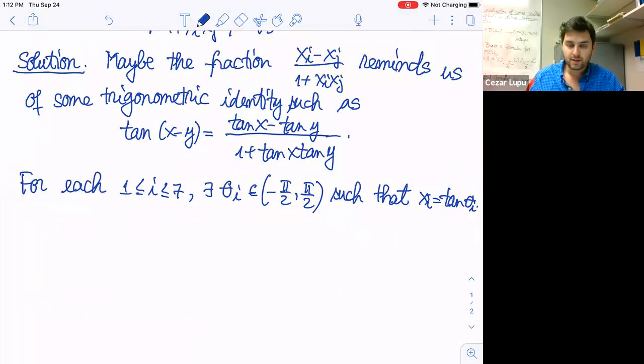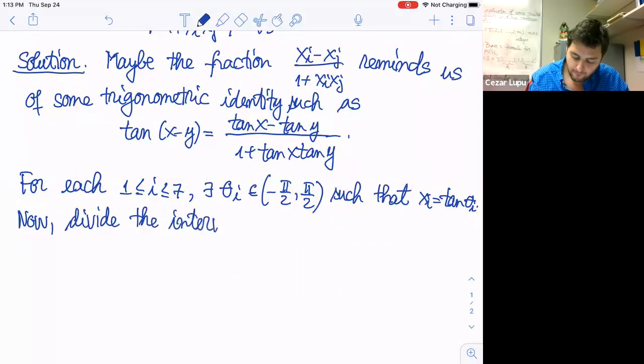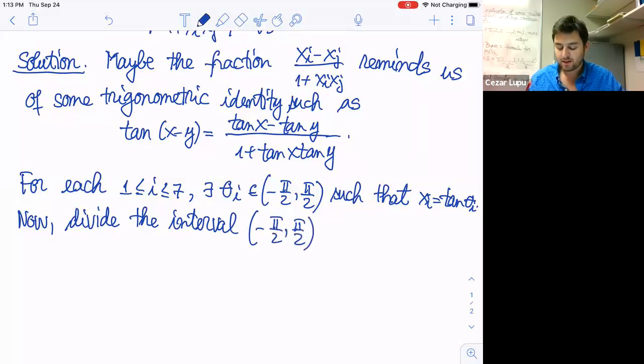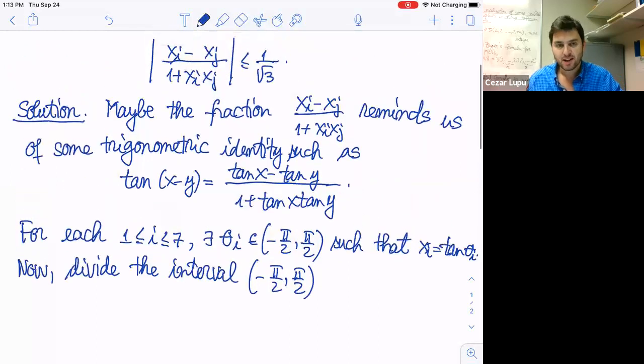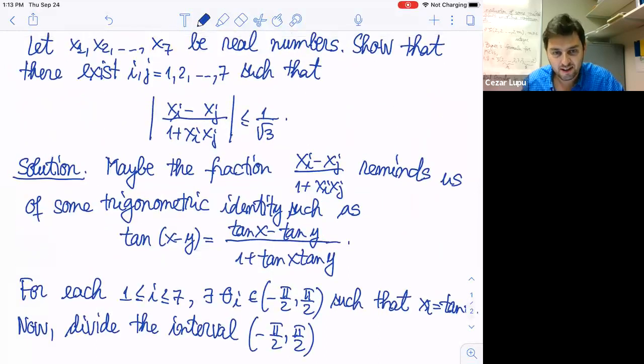And now, once we have this, the trick is to divide the interval negative pi over 2, pi over 2. Since I have 7 numbers, how many subintervals would be ideal to divide this interval into?